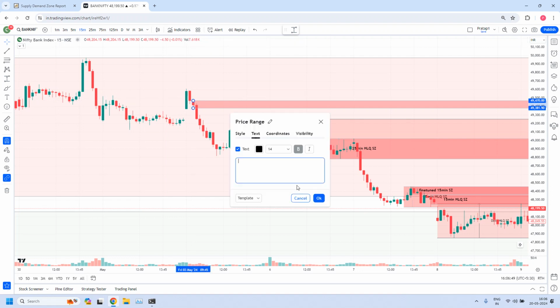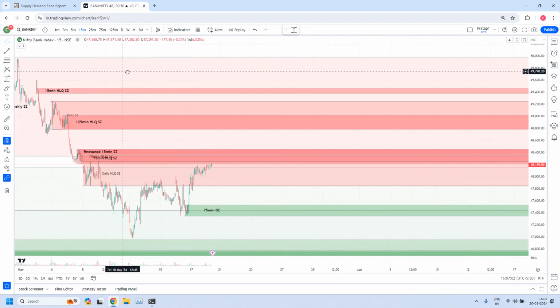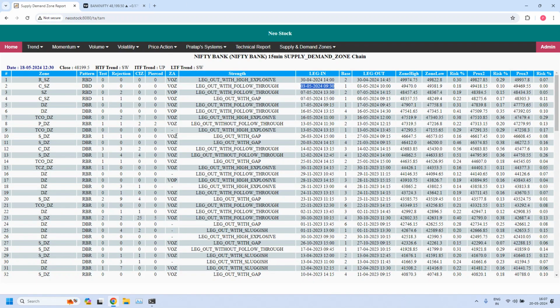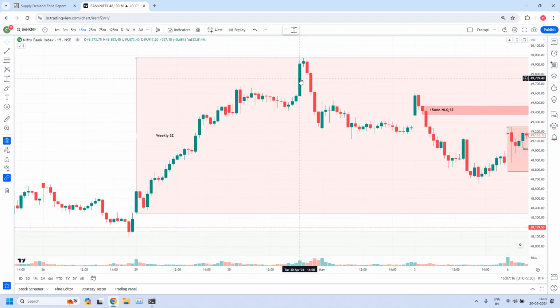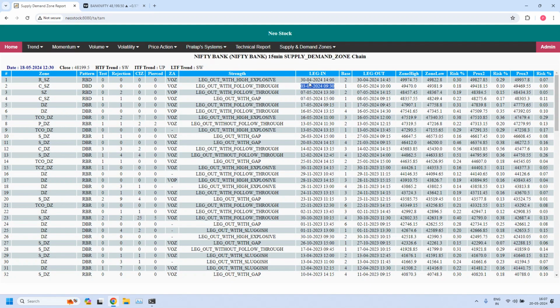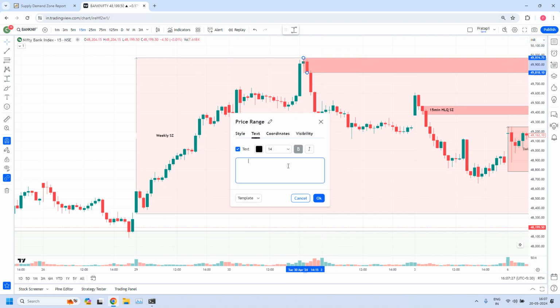So this is also a 15 minutes HLQ supply zone. Okay, so let's limit ourselves to this level. There is one more above, 34, 2 base candles. Is this the one? 34 14 hours. Yes. Here you have another 15 minutes high liquidity supply zone.